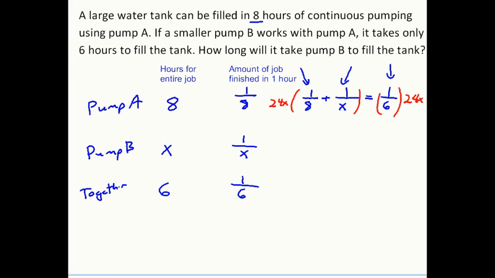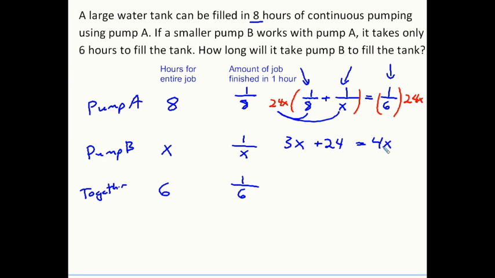Distributing, the 24 would reduce with 8 to give us 3x. Multiplying by the second one, the x's reduce, and so we're left with plus 24. And on the right side, the 6 and the 24 reduce to 4, so that's 4x.